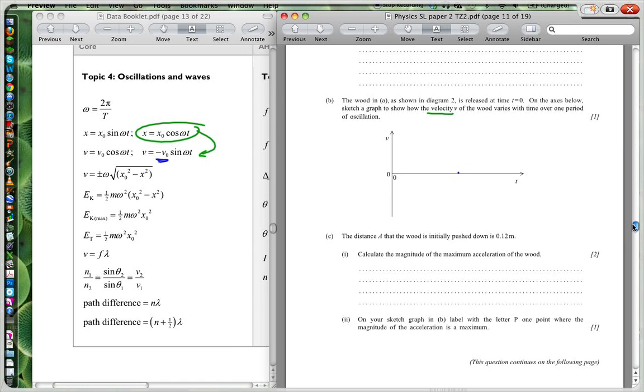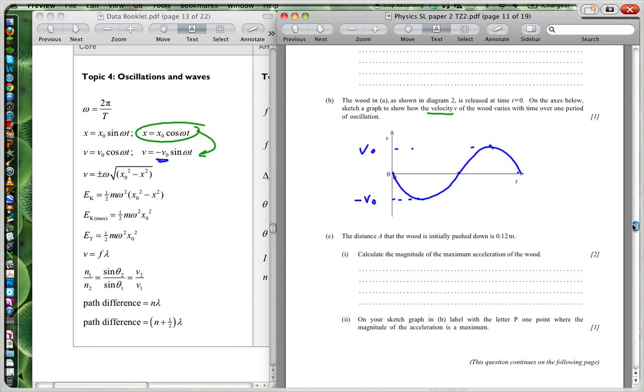It needs to look like a sine graph, where this would be minus v0 and that would be v0 over there. So that would be your graph that you would draw.